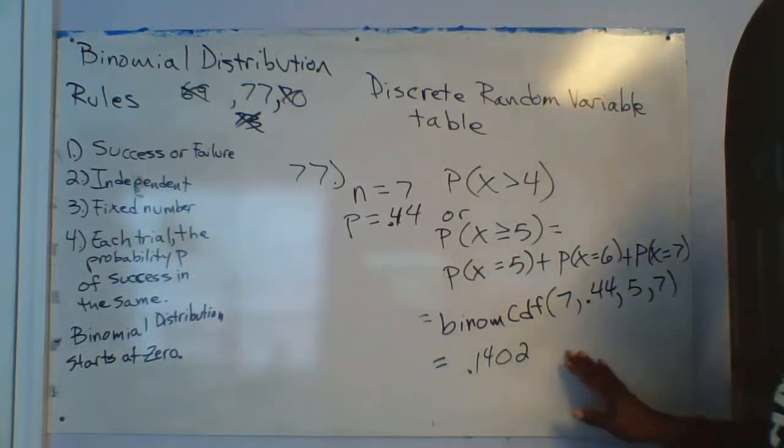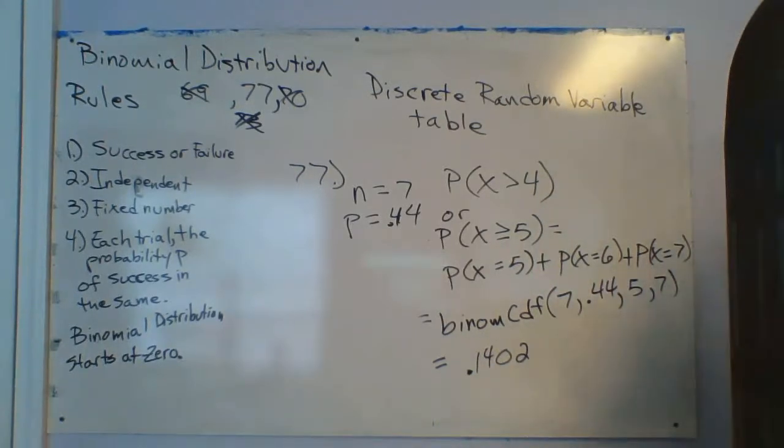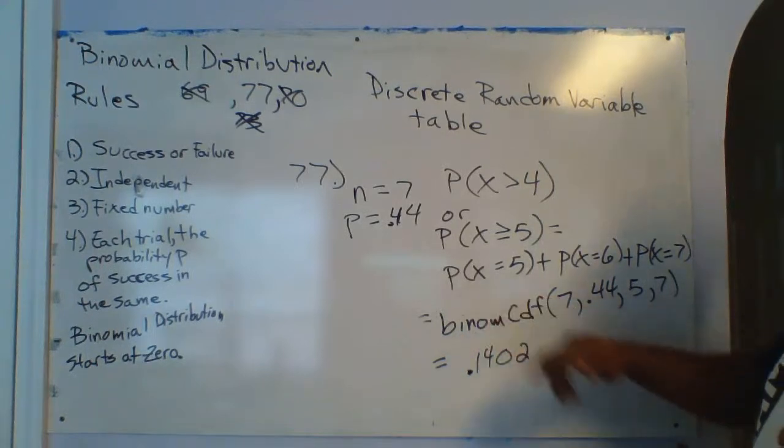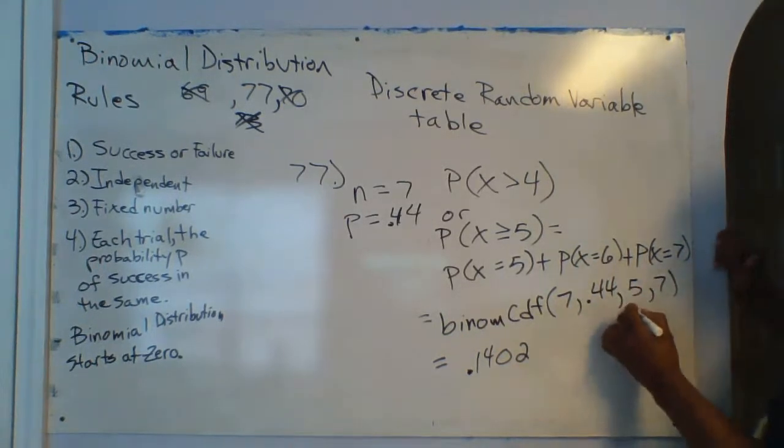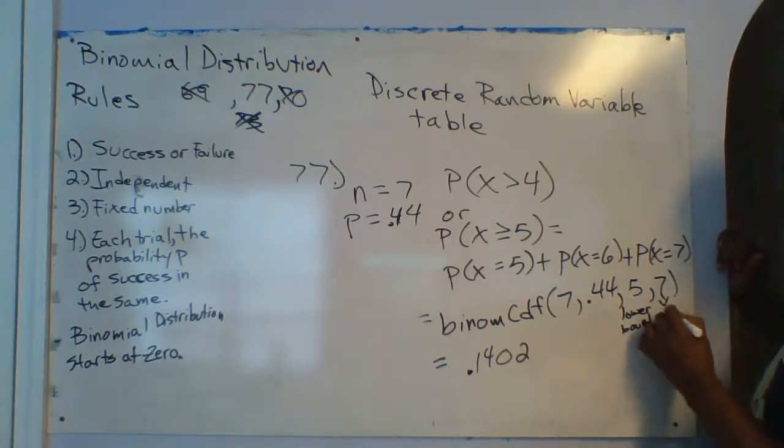But we talked about this yesterday, and so we should know how to do this because I showed you how to do the CDF. So CDF is you basically doing, this is your lower bound, and this is your upper bound.